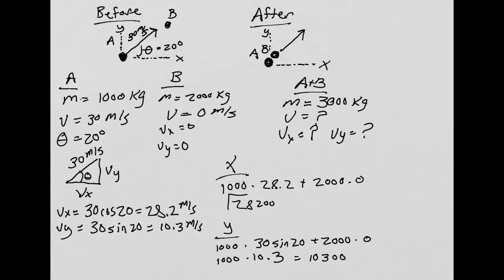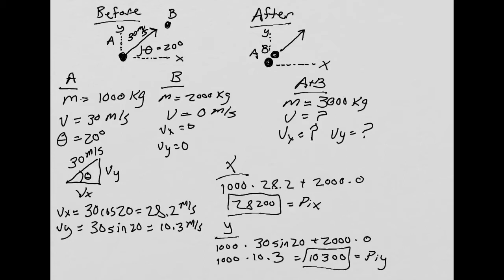So now we have our initial momentum, Pix, and our initial momentum, Piy. So we now have broken it down into all its components. So we now need to find the final momentum in our directions.